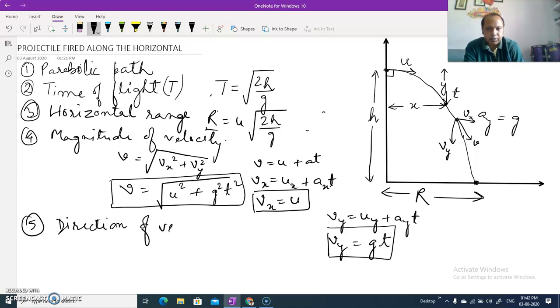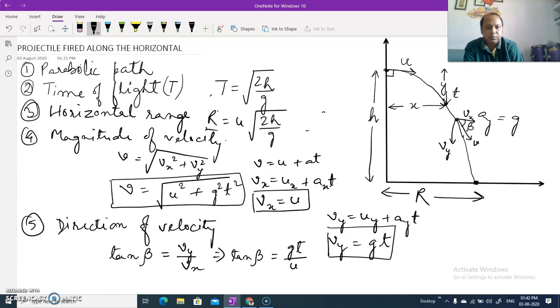And the last point, that is direction of velocity. To understand the concept of direction of velocity, let this be the direction. Like the velocity makes an angle beta with the horizontal. Then obviously we can write tangent beta is equal to vy upon vx, which means tangent beta is given by the value of vy we have already calculated, gt, upon vx, which is u.